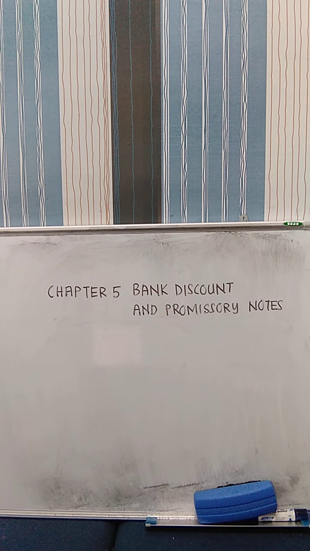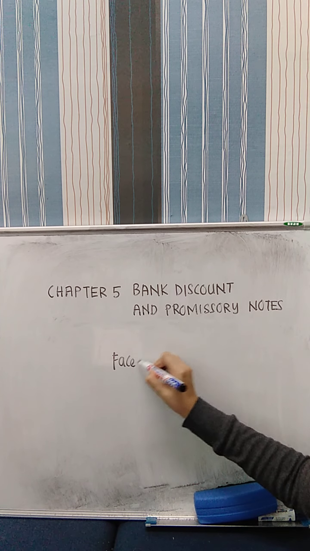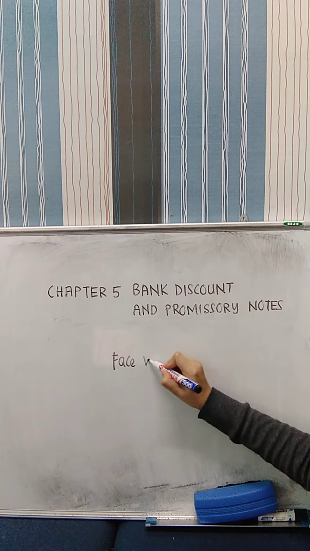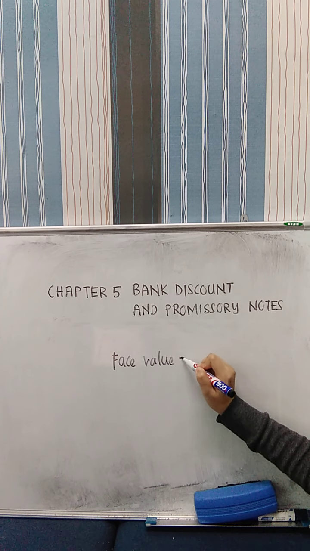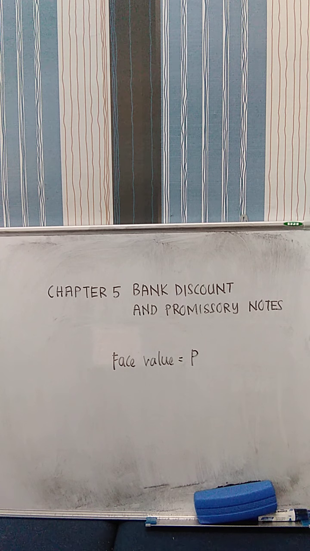If you want to borrow 5,000, the face value is 5,000. And for face value, the symbol is P. We use P as the symbol for the face value in this chapter.